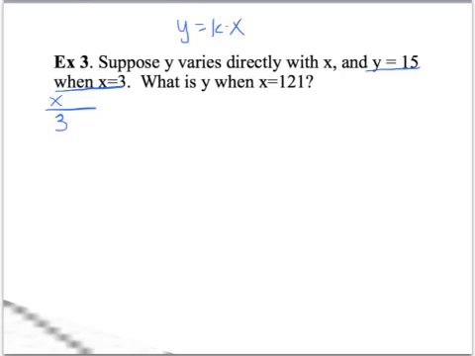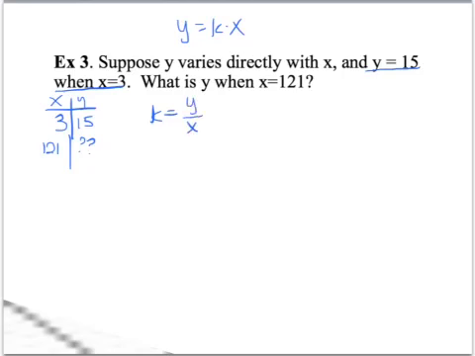If I put my x numbers here, my y numbers here, we want to know what is y when x is 121. Well, they would have to have the same k value, which means I can write them as a proportion. To find k, we simply take, again, y divided by x.